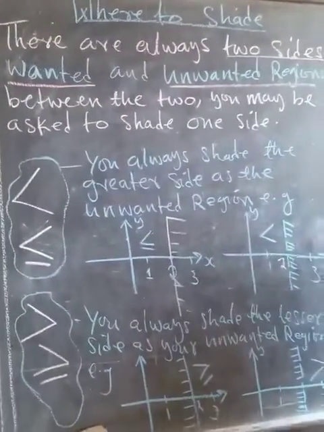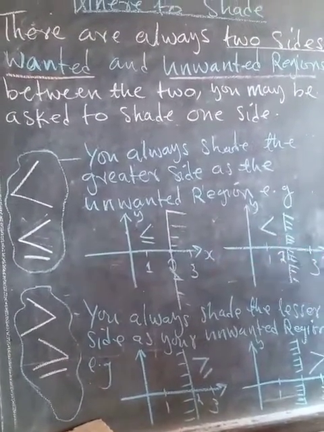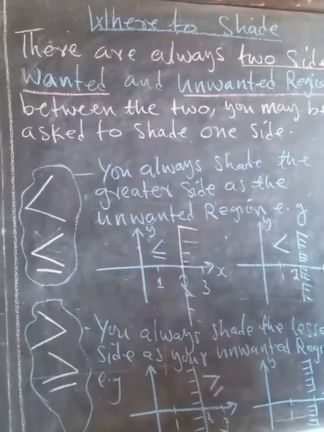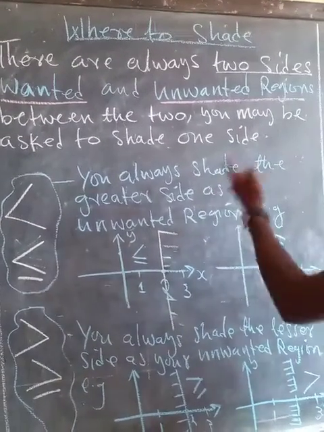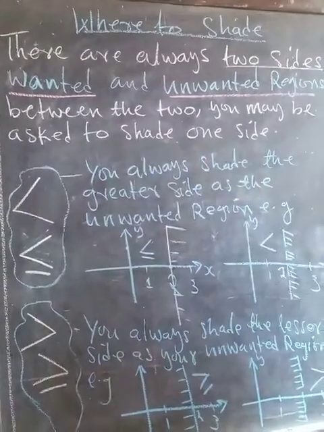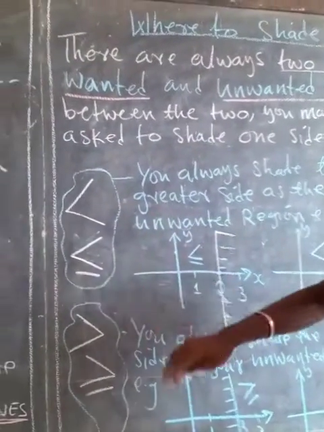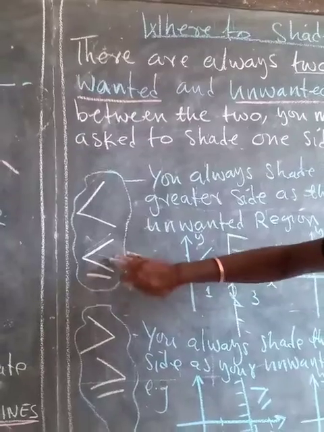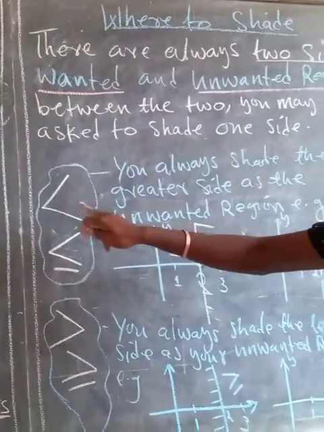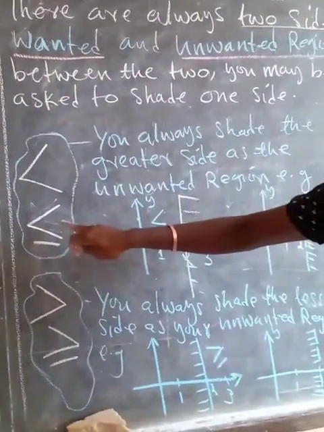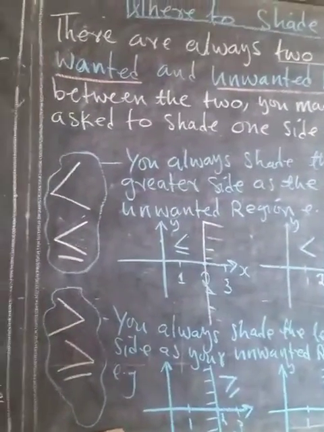These are the 2 sides that they'll ask you under linear programming in order for you to shade, to show your work. Between the 2, you may be asked to shade one side. For example, when you're given this symbol, which is less than and less than or equal to, you can see the difference.